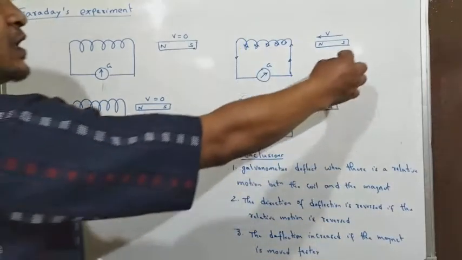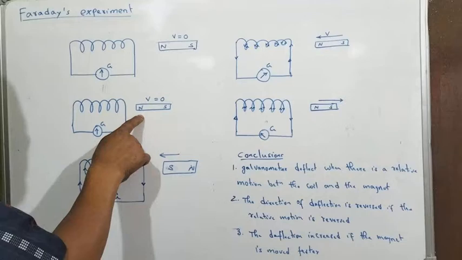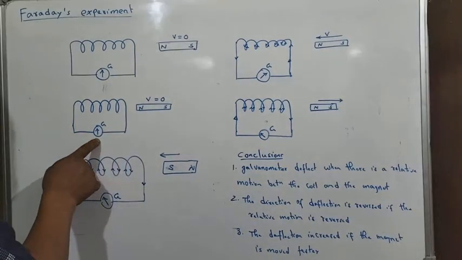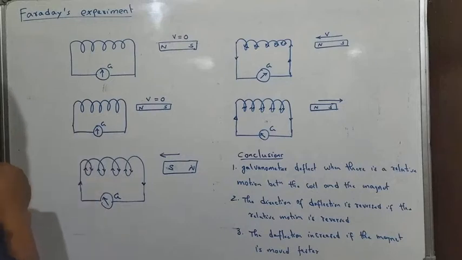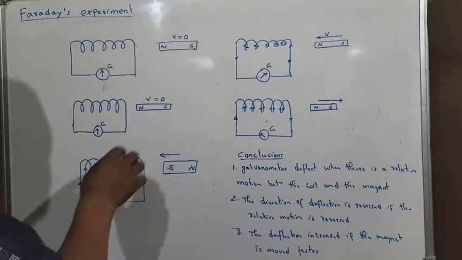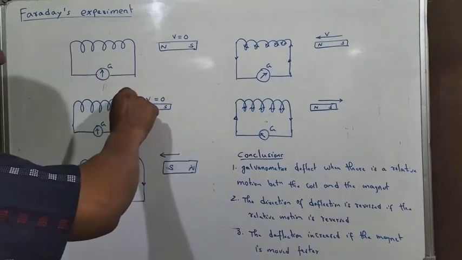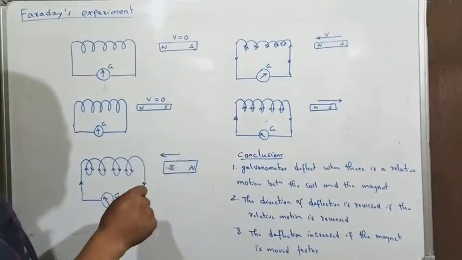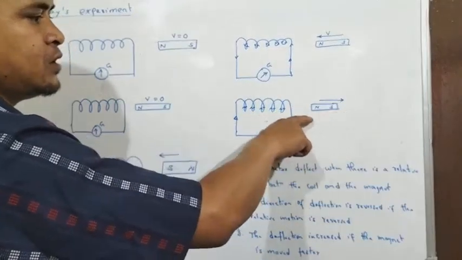Now as he moved, and then again stopped, he found that the galvanometer again comes to zero, which means the galvanometer did not deflect in this case. Now he tried to move this magnet away from the coil, that means moving the north pole away from the coil.